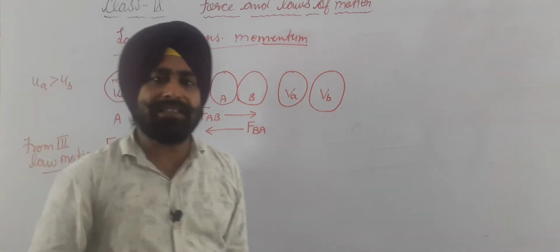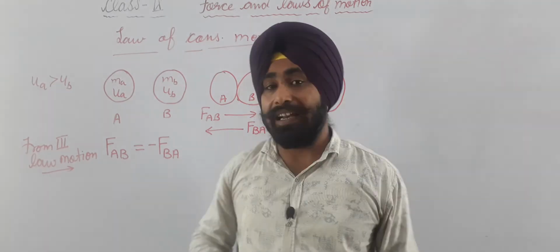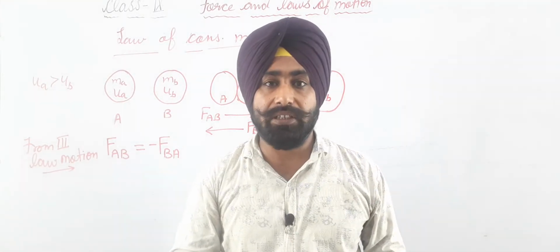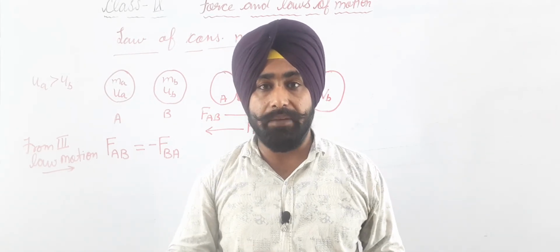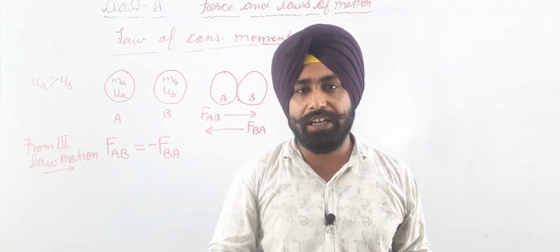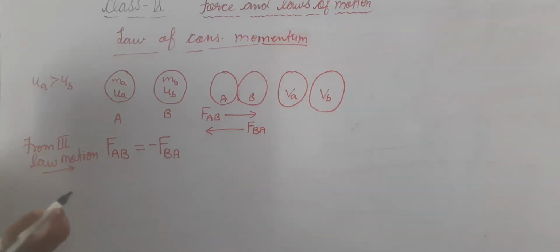Students, in our second law of motion, we had studied that the applied unbalanced force is equal to the rate of change of momentum. So just apply that formula here.